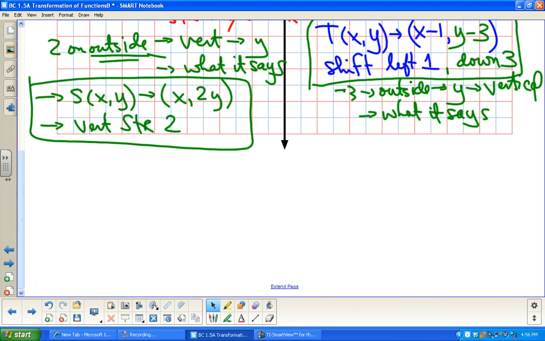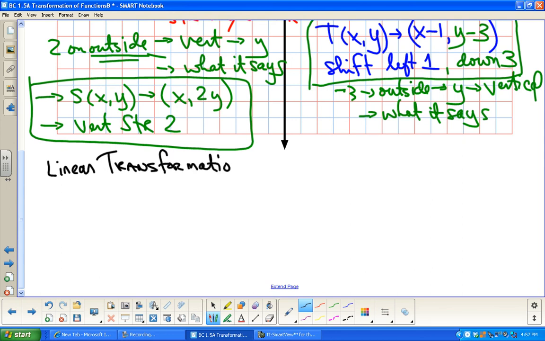Now, one other little bit of notation to go with this, and I know you're thinking, dang, that's already enough. There is a transformation called a linear transformation. Don't mix up transformation and translation. Transformation just means change. Translation is the slide or shift. A linear transformation is any combination of scale change and translation.